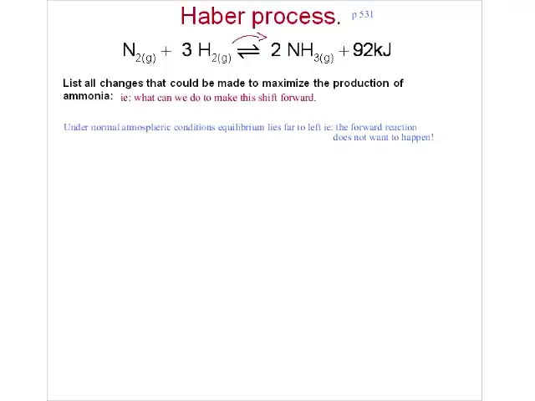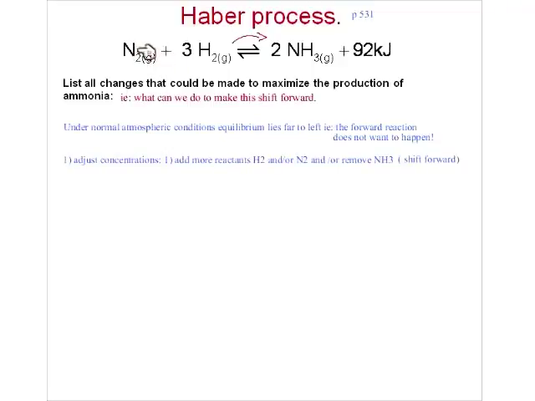So the question would be, how could we make this reaction go forward, assuming we want ammonia for some kind of industrial purpose? In fact, they wanted it for making gunpowder and whatnot, so they wanted to make as much of it as they could, as fast as they could. The obvious things would be, let's increase the amount of nitrogen.